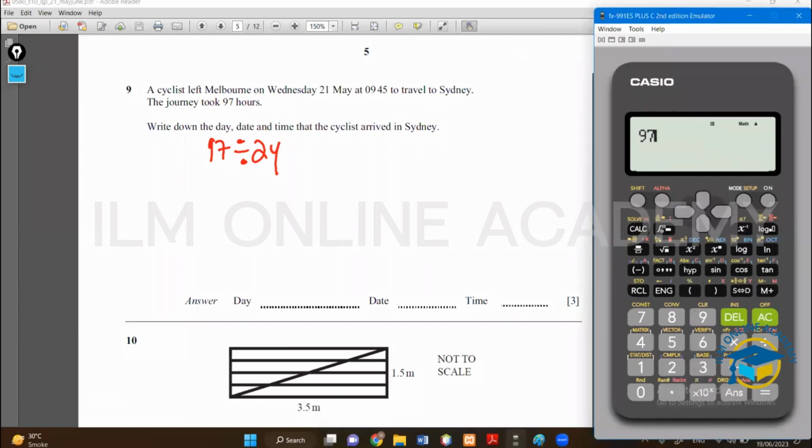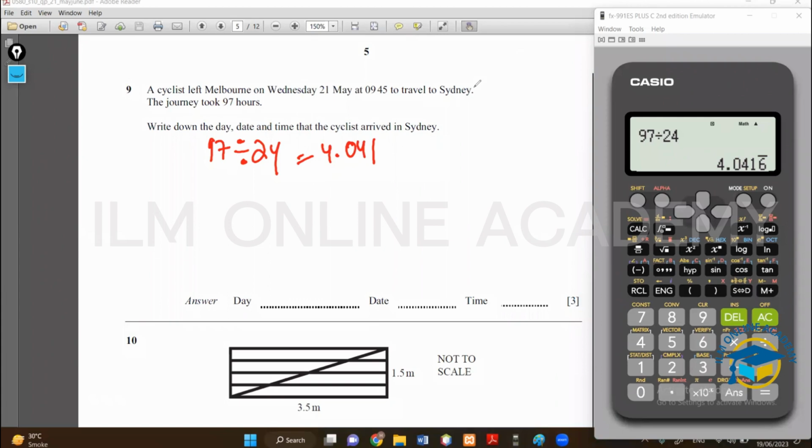The answer is, I guess, 4.041. So that is 4 days. Now, this 0.041, what do we do about it?